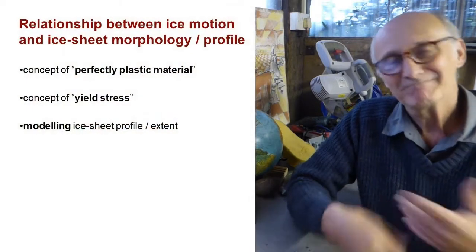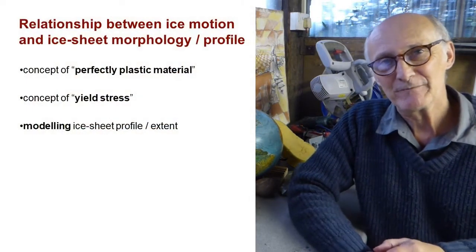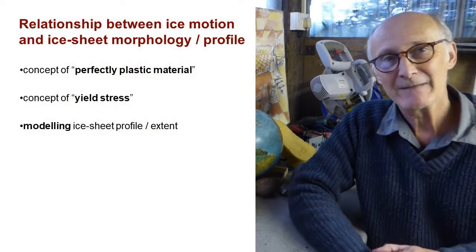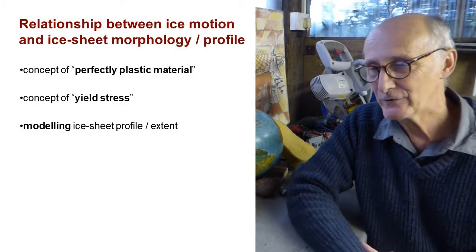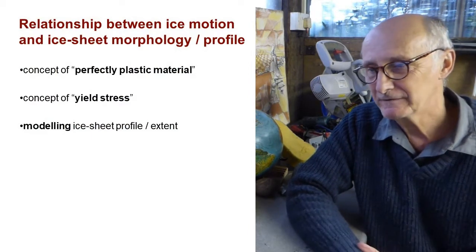So in order to elaborate a little bit on that relationship between the morphology and the dynamics, the shear stress and the ice sheet profile, we need to cover a couple of different topics.